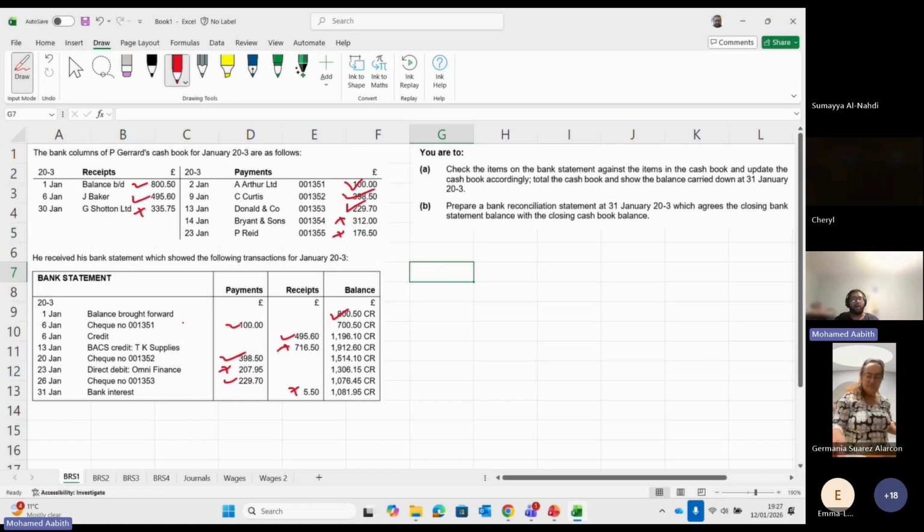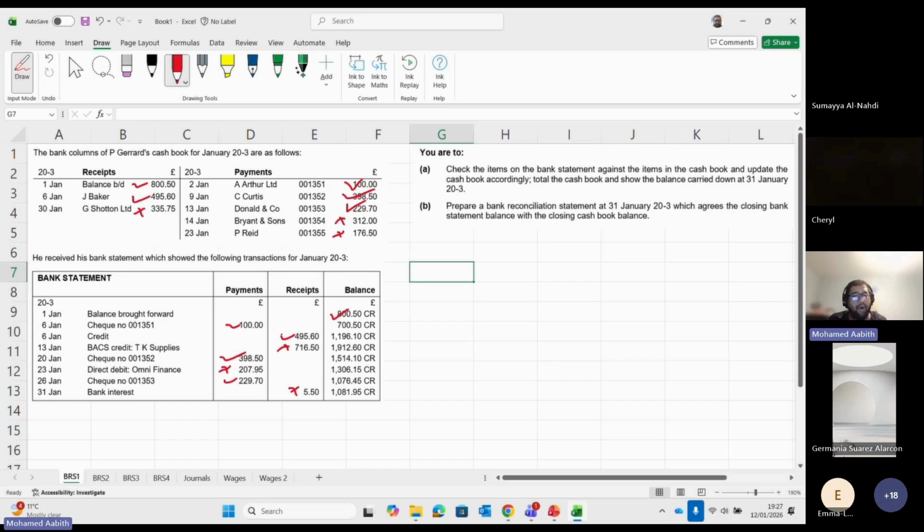So what you can see now is that we managed to find the ticked transactions appearing in my cash book and also in the bank statement. There are 3 transactions in my cash book not yet in the bank statement, and also 3 transactions in my bank statement not yet appearing in my cash book.